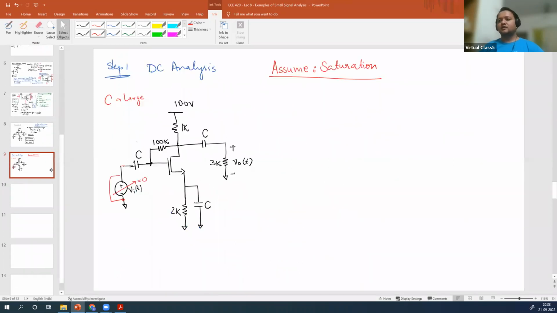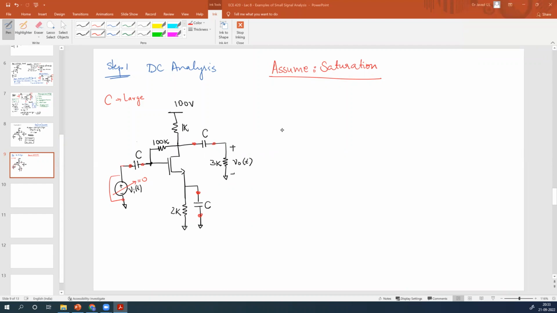Now, what happens in an open circuit? This is open. This is open. This is open. So there is a break happening there. Right? Yes or no? Yes, sir.